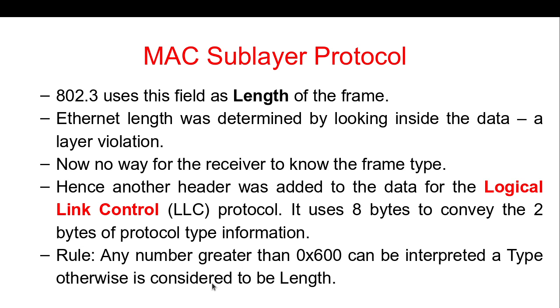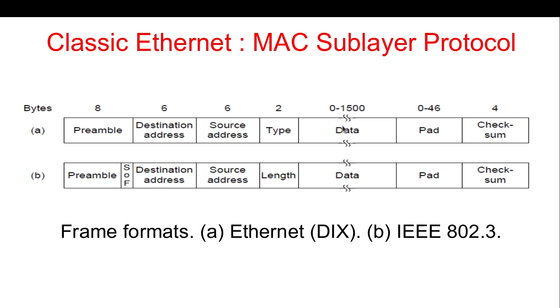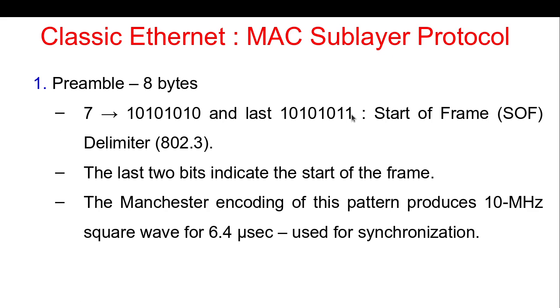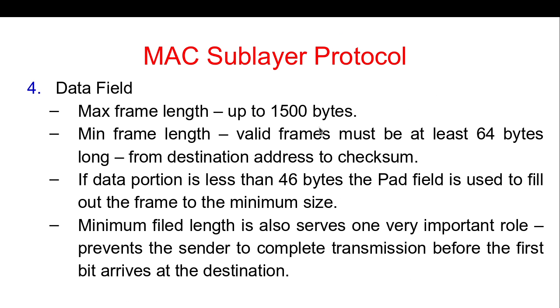The next is the data field. As you can see here, after type there is data, which can be up to 1500 bytes. The minimum length possible is 64 bytes, and the maximum possible is 1500 bytes for the data.